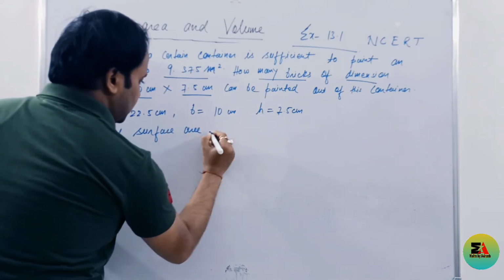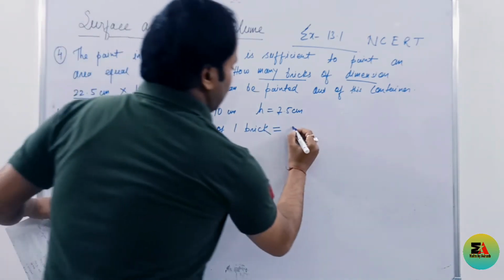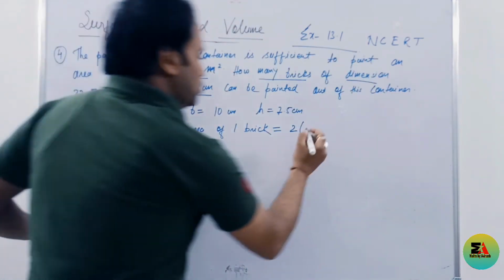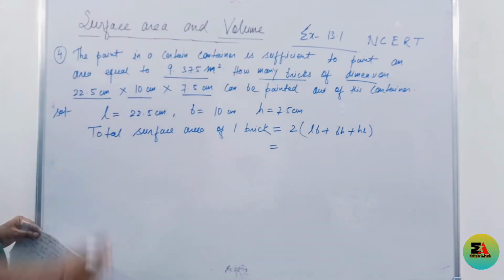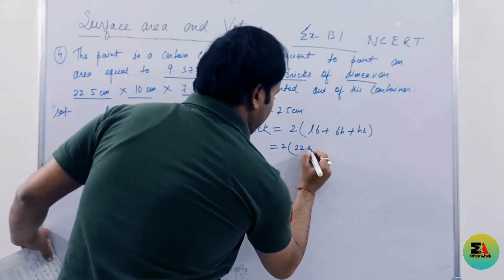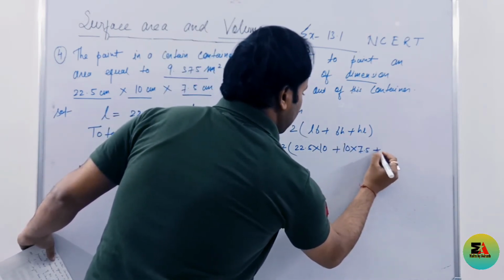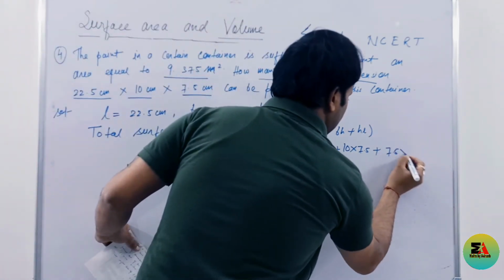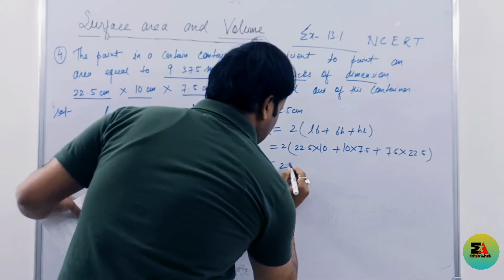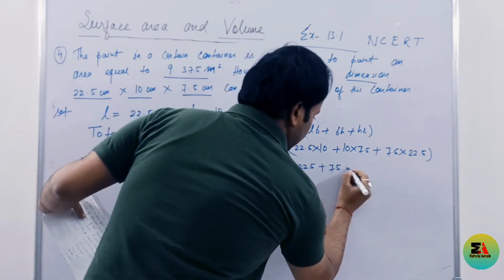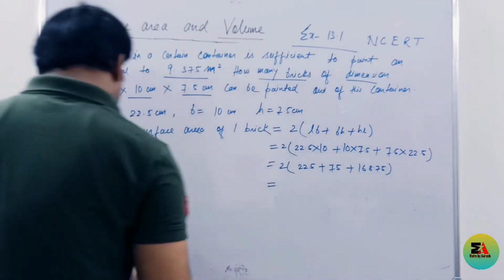A brick is just like a cuboid, so we use total surface area equals twice of L into B plus B into H plus H into L. Substitute all the values: length 22.5, breadth 10, height 7.5. Multiplying, we get 168.75.